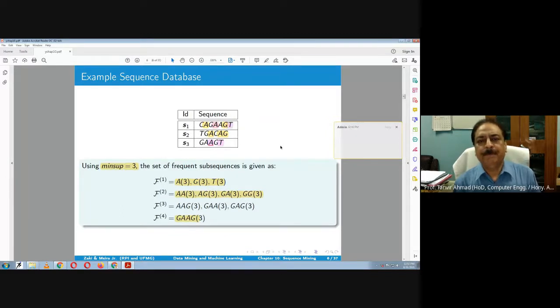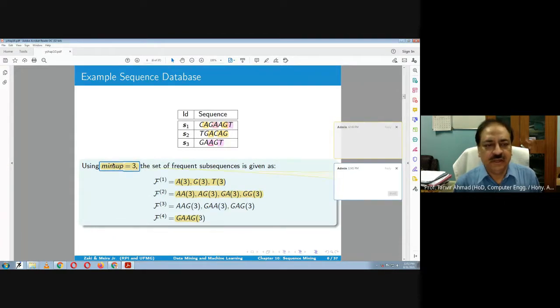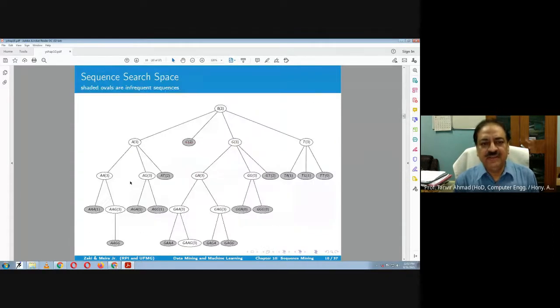Therefore, the support for AT is equal to 2 only, and that will not pass the minimum support, because the min support I have taken over here is 3. So that means I can remove AT.